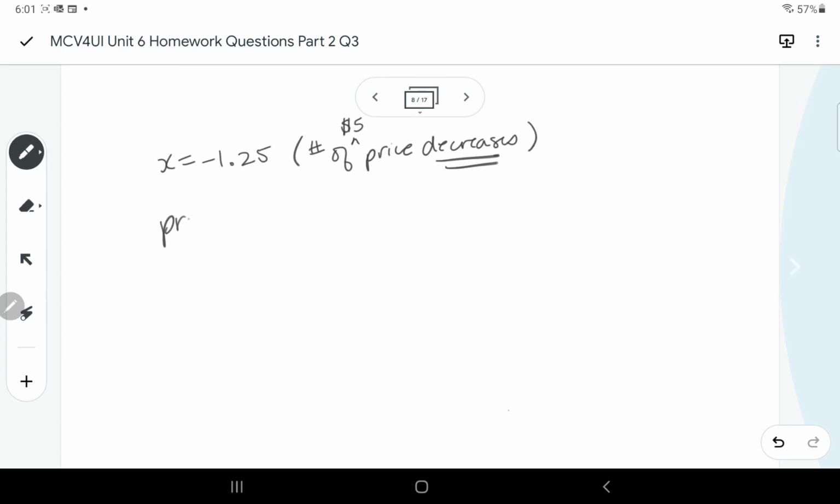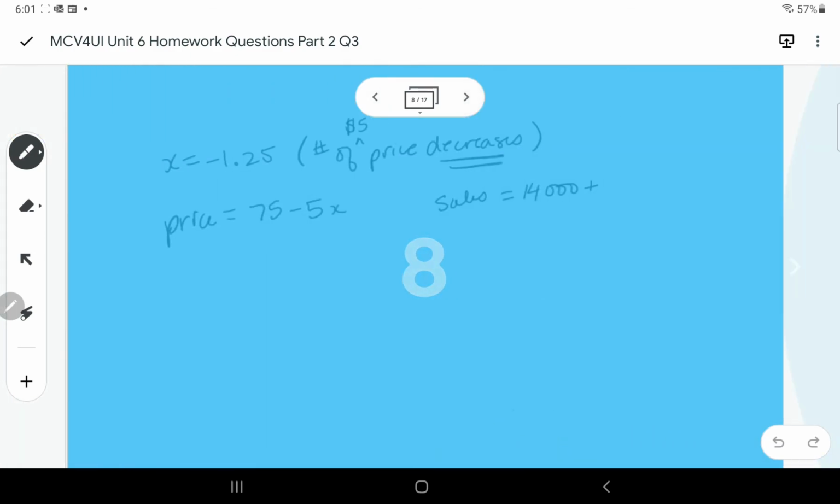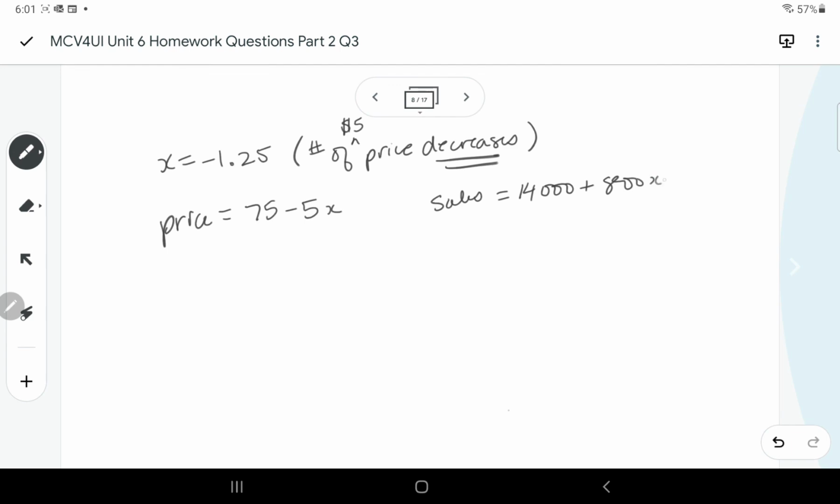So we can figure out that the price was 75 minus 5x, and the sales was 14,000 plus, how much was it that it went up each time? That was plus 800x. So by putting in negative 1.25, 75 minus 5 times negative 1.25, we actually get that the price should increase.